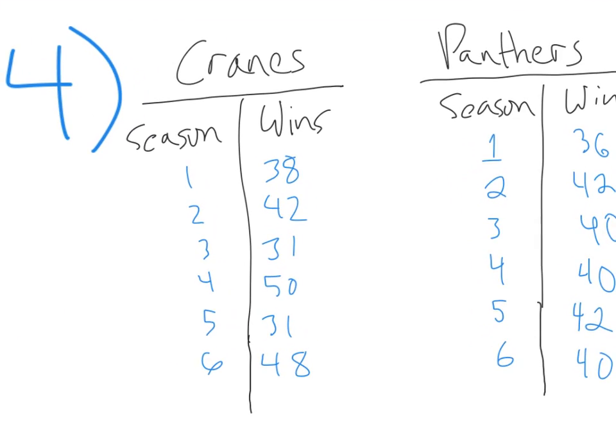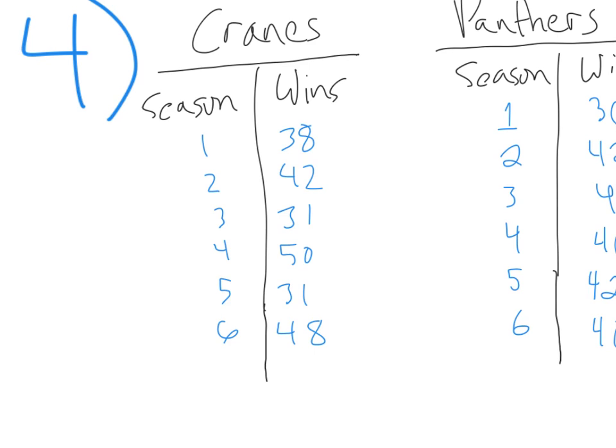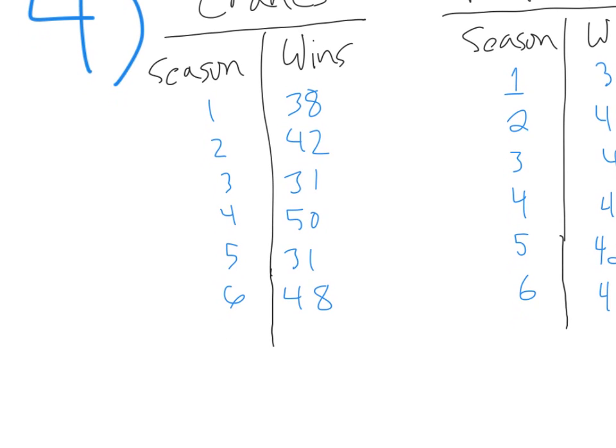Okay, so here we've got to find the average of both of these data sets. So once again, we are going to add up their total, find the total number of wins that they made, and divide that by the number of seasons to figure out their average wins per season. And here we've got 6 different sets of data here. So we're going to sum up our wins and divide by 6.